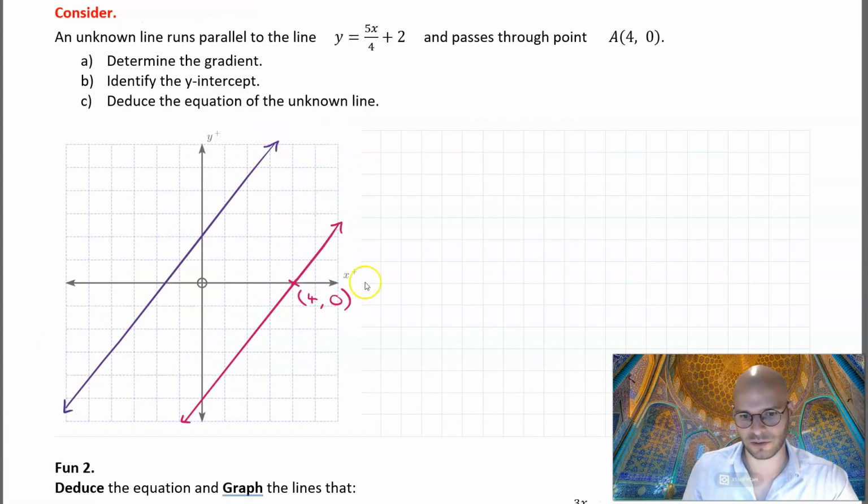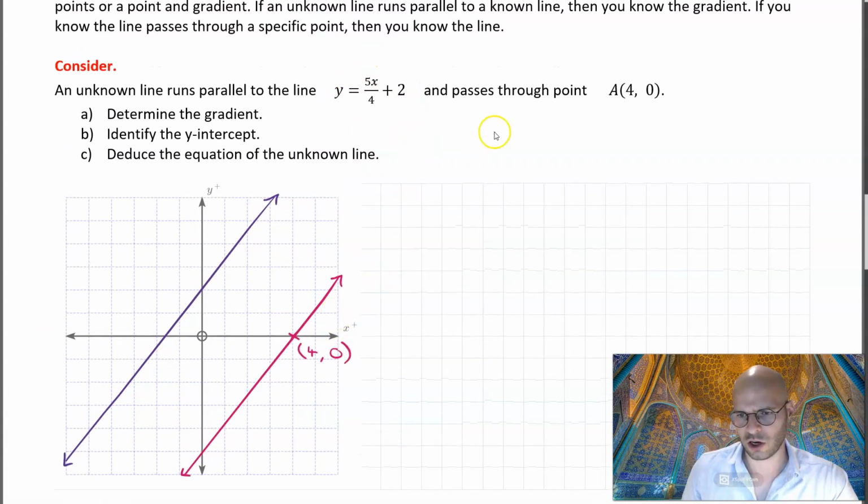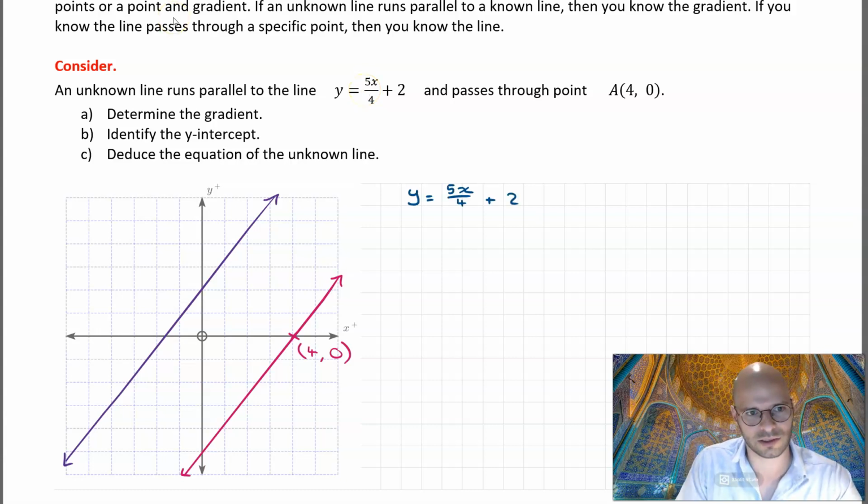Now that I've got my visual cue set up, let's turn our attention to the algebra that we know up here. We've already got our point (4, 0) plotted there, but we turn our attention to line 1, y equals 5x over 4 plus 2. What we know about this line, line 1, is that we have a gradient of 5 over 4.